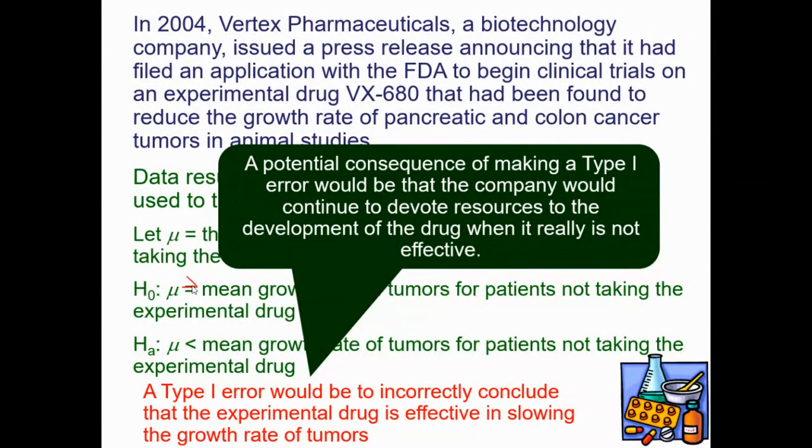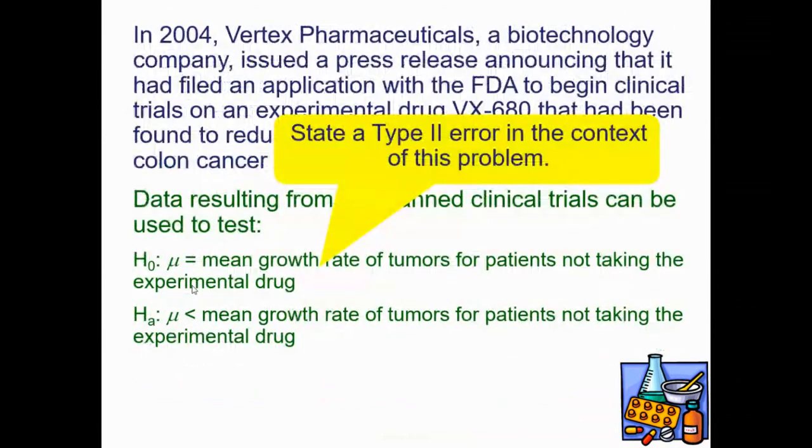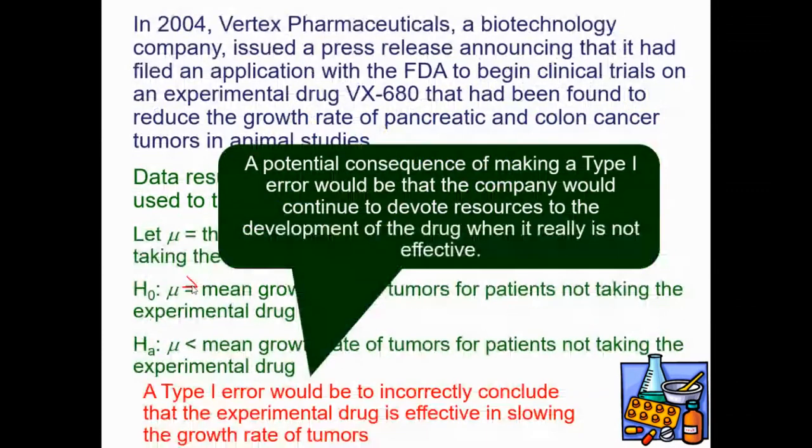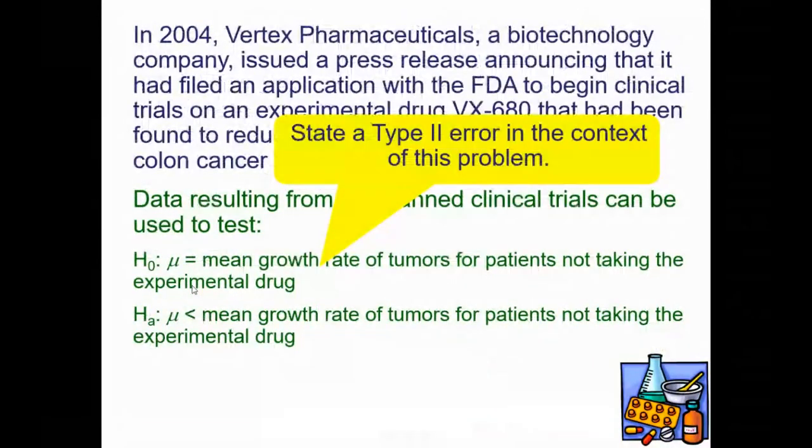Now let's flip the table. What would a type 2 error be?